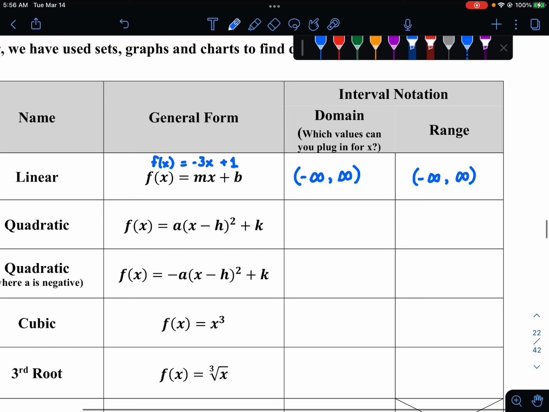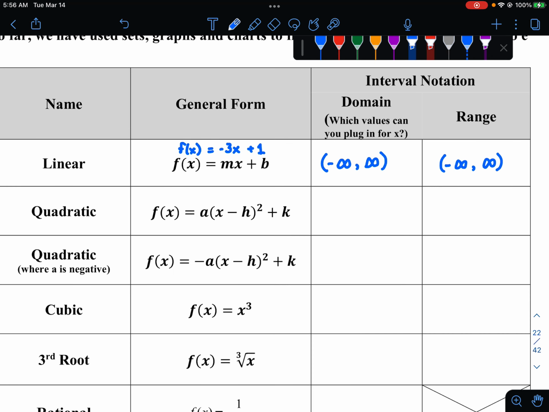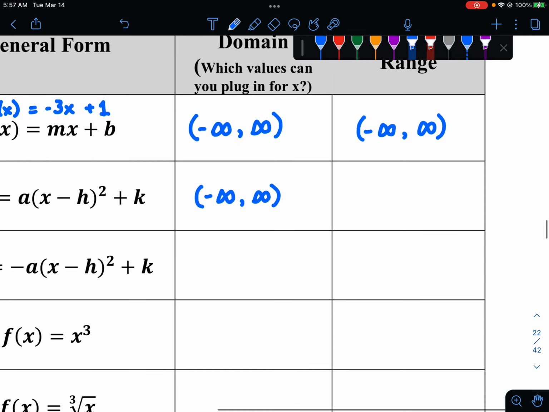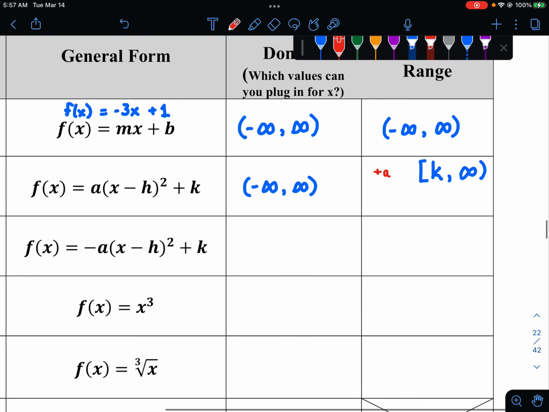When you have a quadratic function, we are simply looking at vertex form. So in a quadratic function, we are squaring the x value, and you can square any number you'd like, positive, negative, 0. The shape of the graph is always going to be a parabola, but it could open up. That is in the case that I have a positive a value, so the coefficient of x squared is going to be positive.